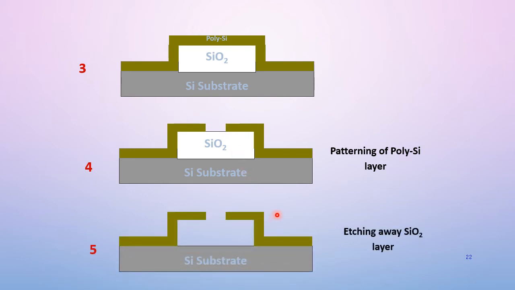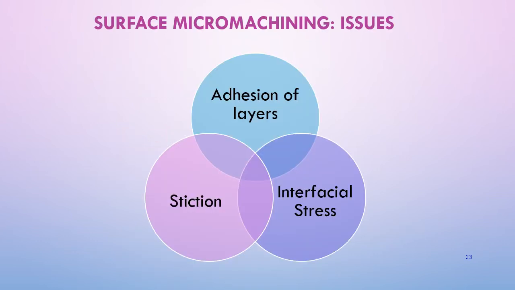And finally you etch away the silicon oxide layer, leaving the final product of a polysilicon chamber. In surface micromachining, there are some issues that need to be overcome. For example, there are adhesion of layer, interfacial stress, and also stiction.